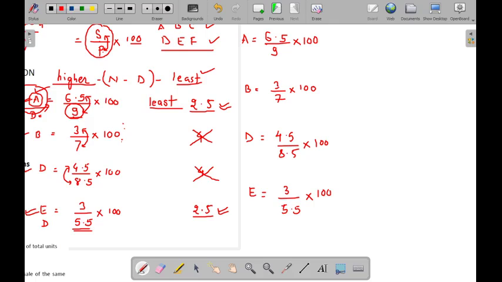Now let us see how we deal with these fractions. Since 100 is common in all of them, we eliminate 100 for now and use it later.